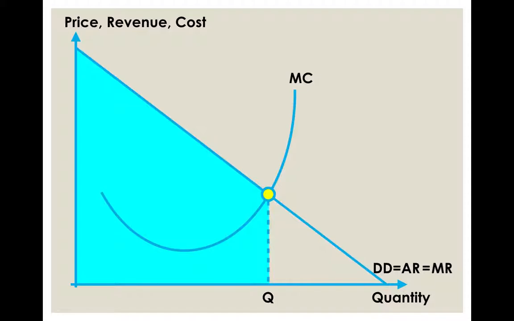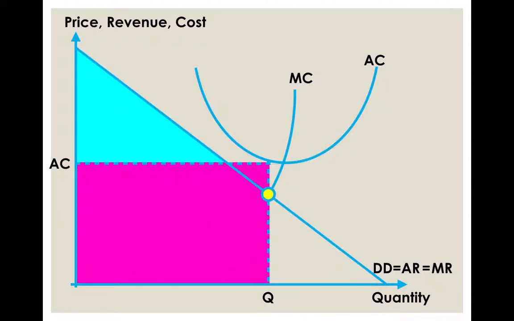Now, if we draw in an AC curve that looks like this, how do we know the total cost incurred by this firm? At this profit maximizing quantity of Q, we find out the average cost incurred, which is given by AC. So the total cost incurred is given by this pink area.